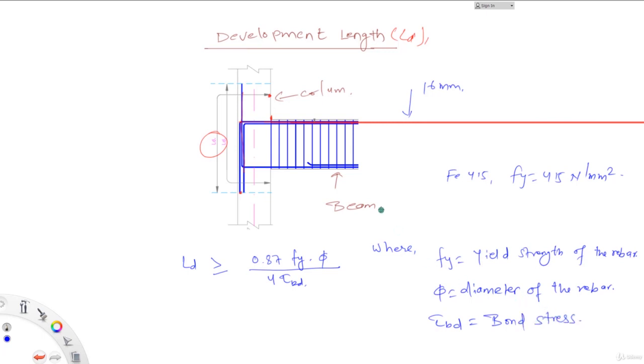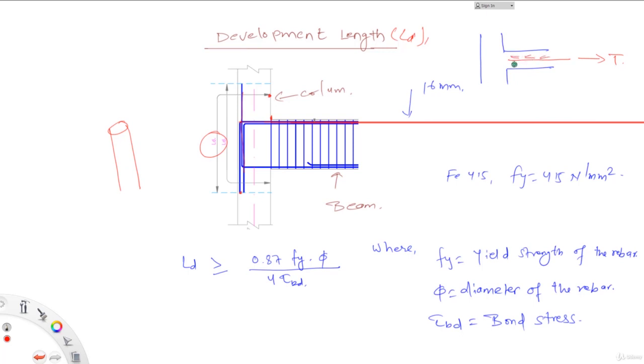What happens is that let's say this is my column, this is my beam, and this is my rebar over here. If you apply the tensile force T, then on the surface of this rebar, if I just zoom in, the rebar looks like this, and on the surface of this rebar a stress is generated like this.